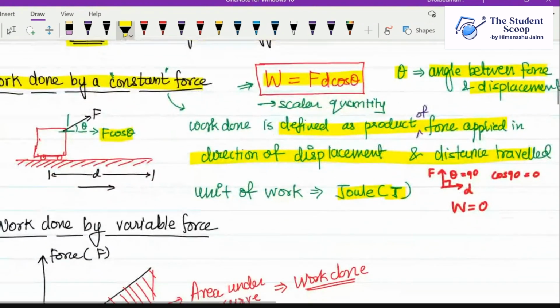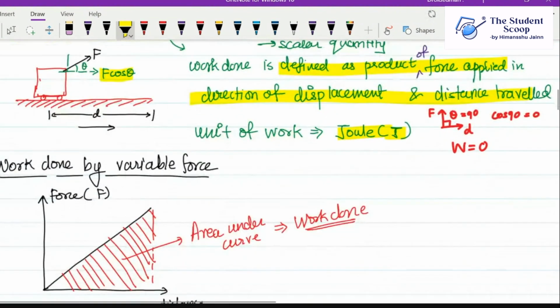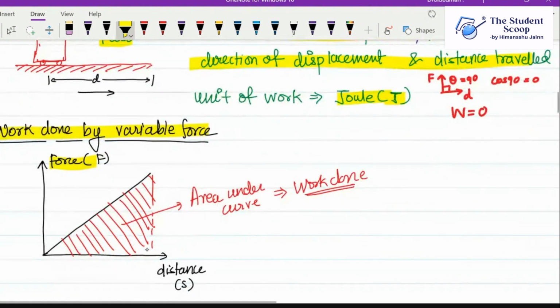Okay, what if the force is not constant? In case of variable force, what we need to remember is that they might give us a force versus distance graph. Usually for a variable force, we need to do some advanced mathematics like integration or calculus.